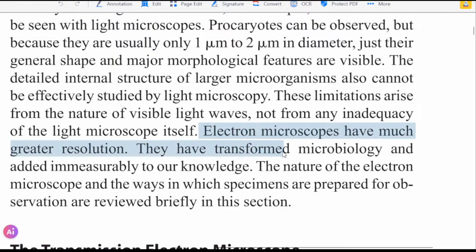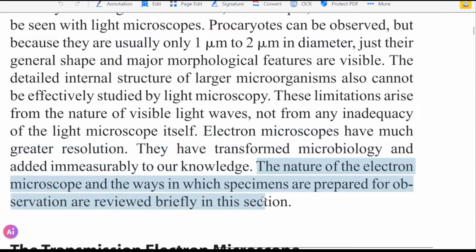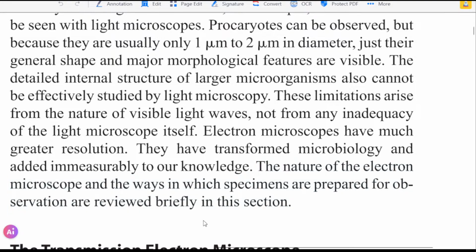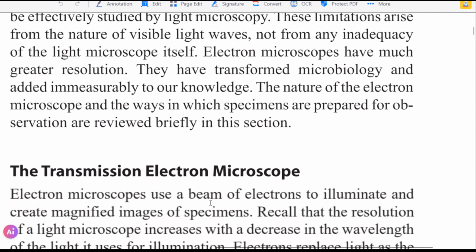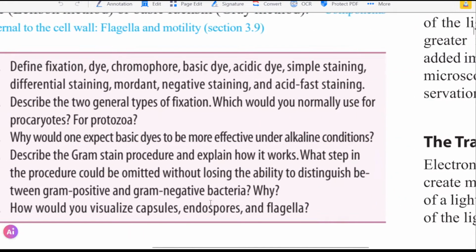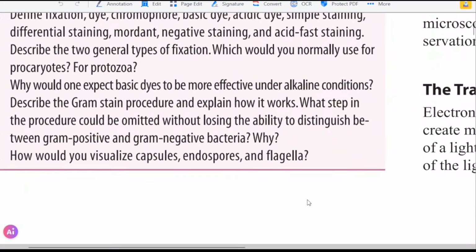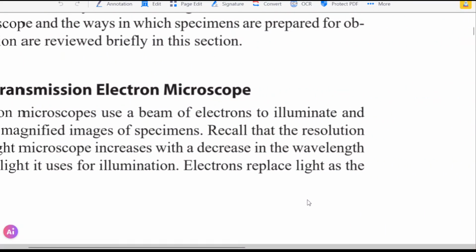Electron microscopes have much greater resolution. They have transformed microbiology and added immeasurably to our knowledge. The nature of the electron microscope and the ways in which specimens are prepared for observation are reviewed briefly. Below are the two types of microscope, the transmission electron microscope and the scanning electron microscope, and they are going to explain how each works one by one.